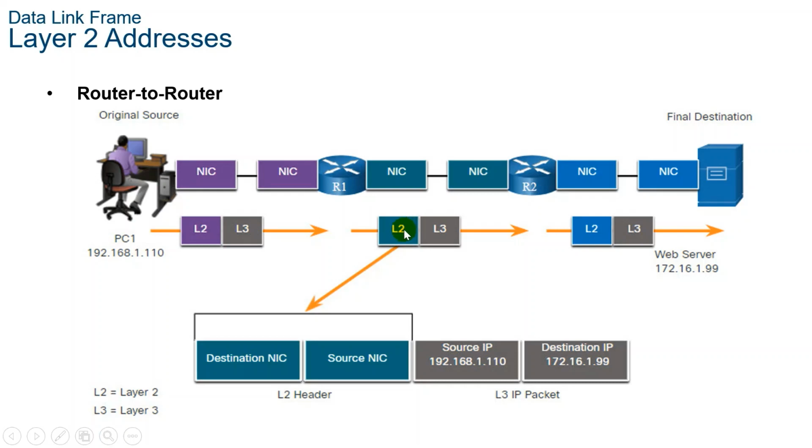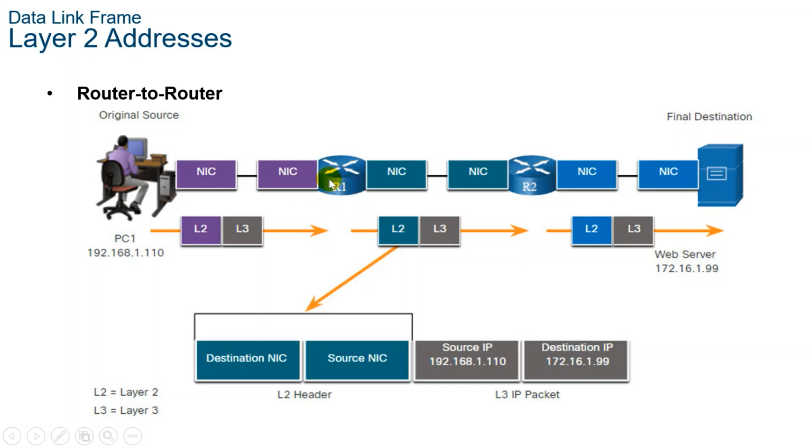R1 adds its layer 2 address as the source, and the layer 2 address of R2 as the destination. If you observe, the layer 2 addresses are limited within the local connection. So if we're talking about host to R1, the source is the host and the destination is R1.